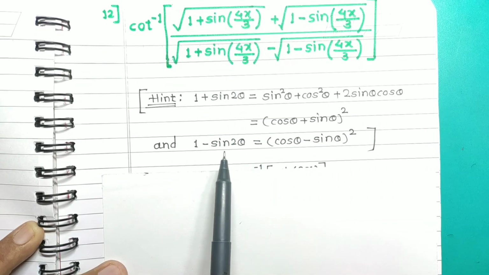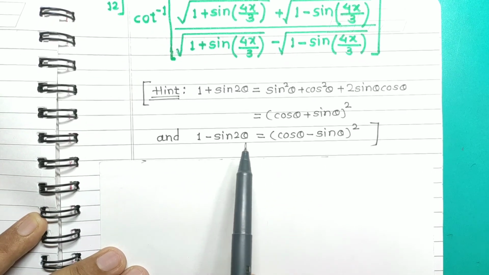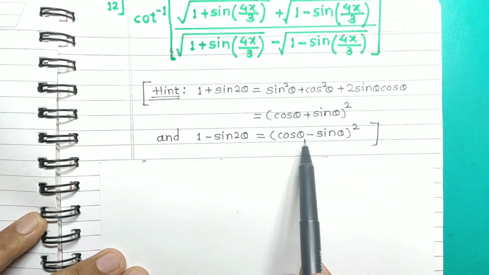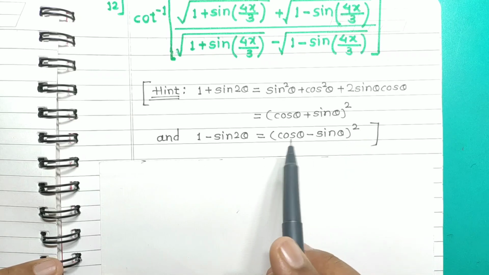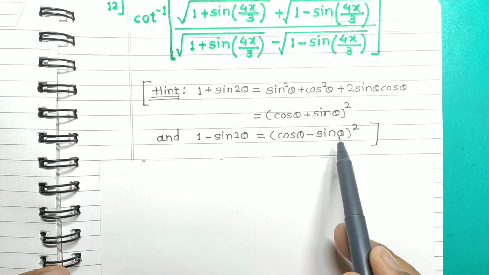On similar lines you write down 1 minus sine 2 theta, and you can write it as cos theta minus sine theta, whole square. See here, you can write it as sine plus cos and as sine minus cos.